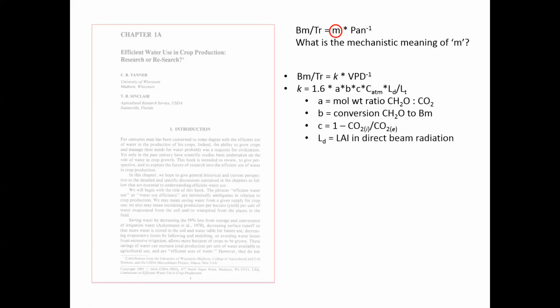The LD refers to the leaf area in direct beam radiation, and the LT is the total leaf area index. And of course the vapor pressure deficit that we've already mentioned is the vapor pressure deficit that actually occurs during the period when transpiration is occurring.